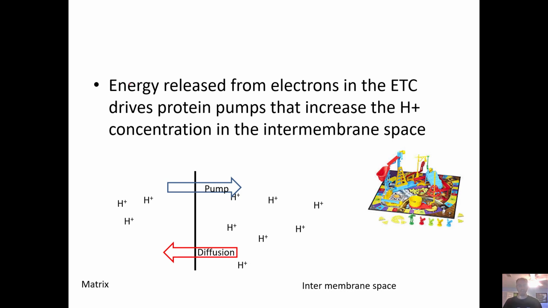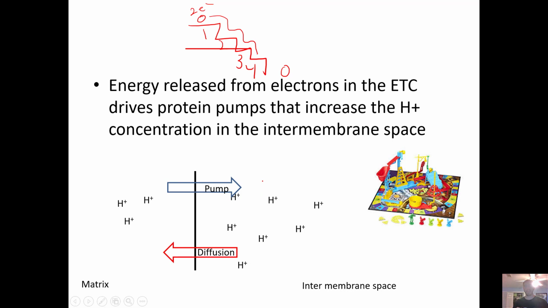So let's look here. Energy is released from electrons, which we saw before, as they go down the electron transport chain, those different molecules. So we have complex 1, 2, 3, and 4, remember, and those electrons, two at a time usually, 2 e-, are going down this chain, and at the bottom is oxygen.